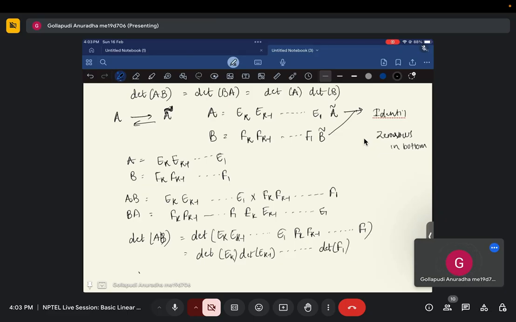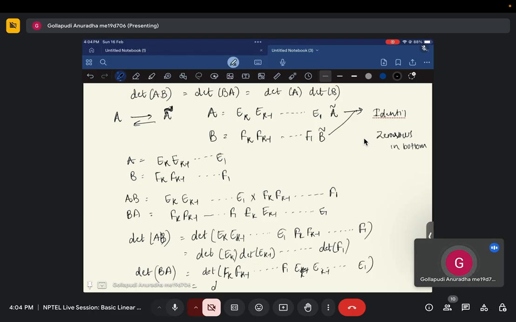Now what is determinant of BA? This is k minus 1.